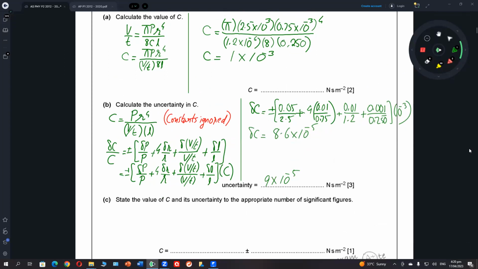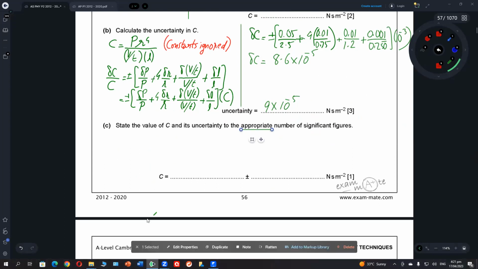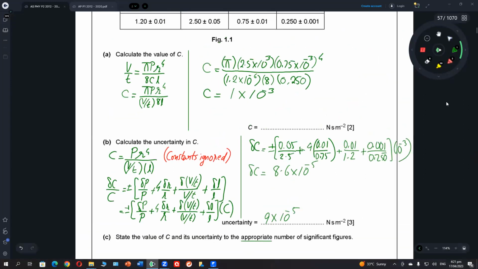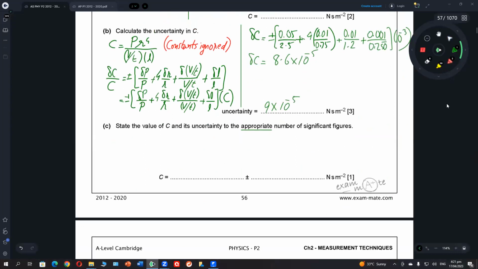Now he asks a very clever question: state the value of C and its uncertainty to the appropriate number of significant figures. When you write them together, it is necessary to maintain the same power of 10, because otherwise I can't write them together.